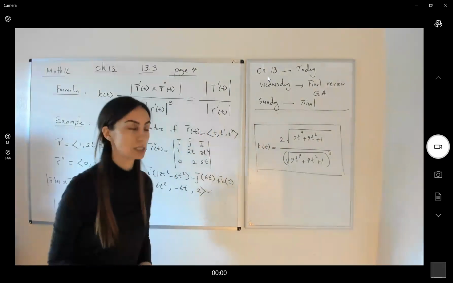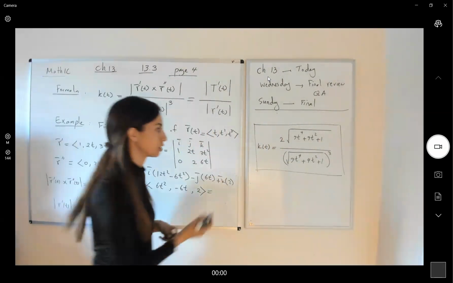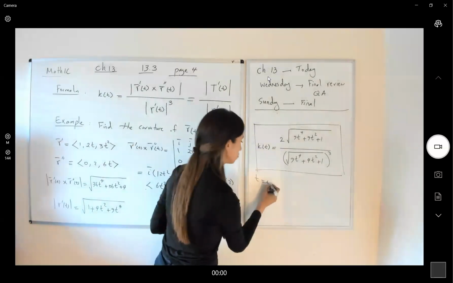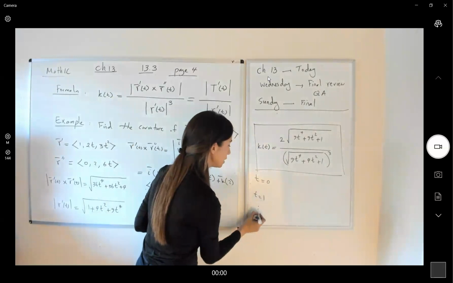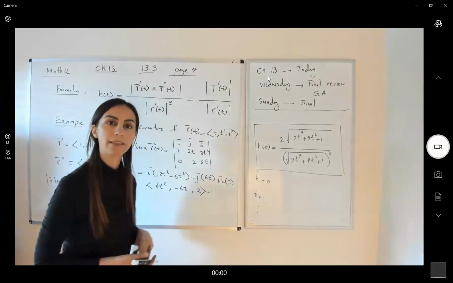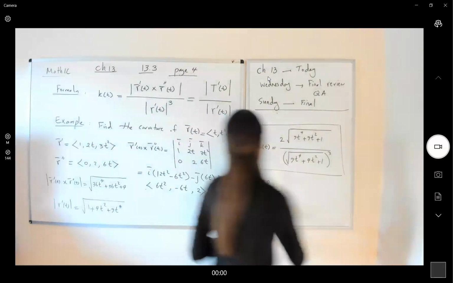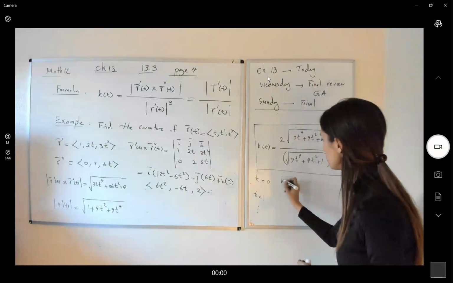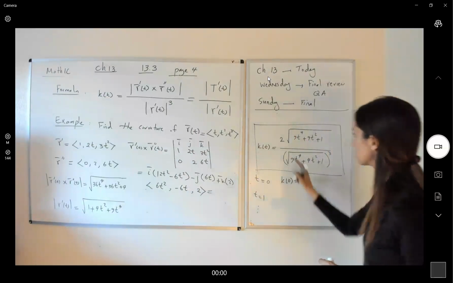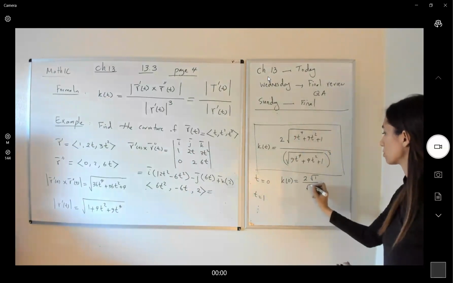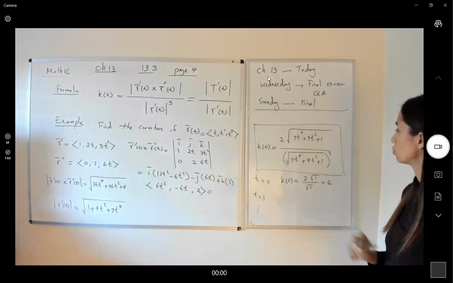Now, if the question says, what is the curvature at time t equals 0, t equals 1, t equals 2, t equals 3, and so on, you can just plug that in and calculate the curvature at time 0, time 1, and so on. So the curvature at 0 is equal to, for example, 2 times the square root of 1 divided by the square root of 1, which is 2.